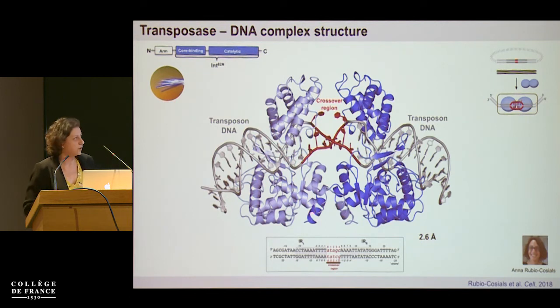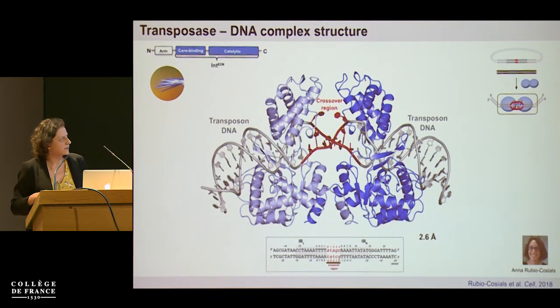Here you can see our first structure, where there are two transposase molecules bound to a single DNA that represents the central part of the excised transposon circle, the one that needs to integrate into the target. First of all, you can see this is not a tetramer as it was for Cre, and I will come back to that and try to explain why that is.